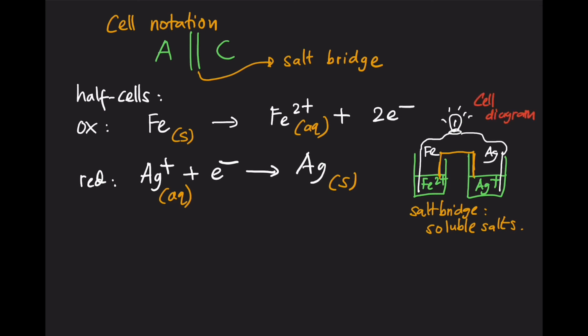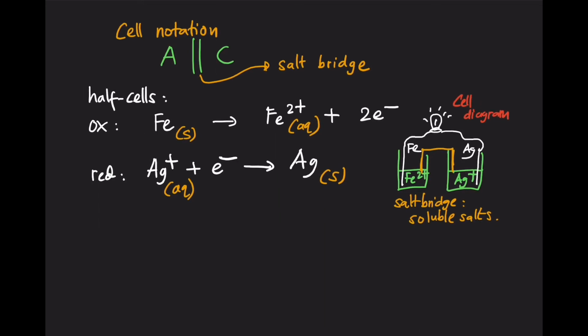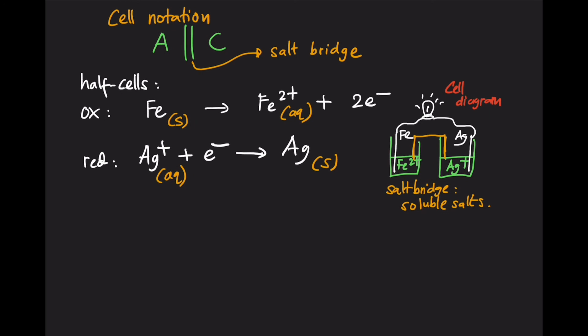Now, we can also represent this particular cell in the form of cell notation. So we start with the anode, then the salt bridge, and then the cathode. How do we write it down? Let's start with the anode. In the anode, we have electron release from Fe solid to Fe2+. We can write down the phase here: this is solid and this one is aqueous.